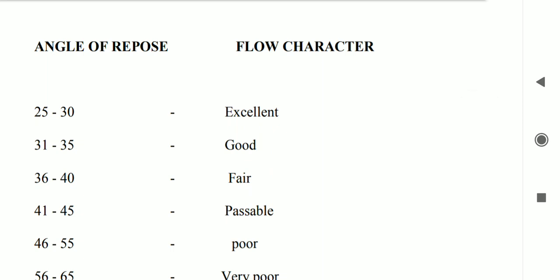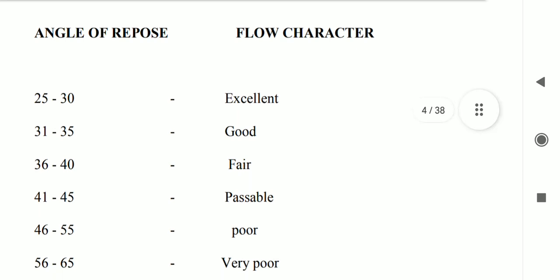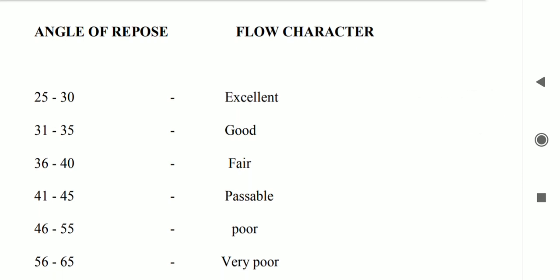So tan theta is equal to the height of the material when we let it settle on the ground, or on the paper we used in the experiment. I think you did this experiment in the laboratory, in the pharmaceutics laboratory, in pharmaceutical engineering classes.